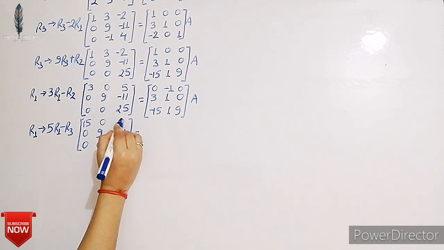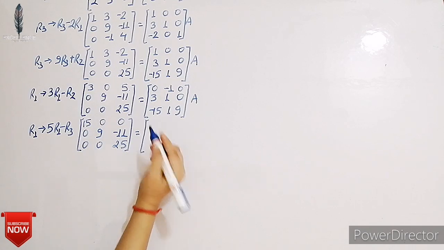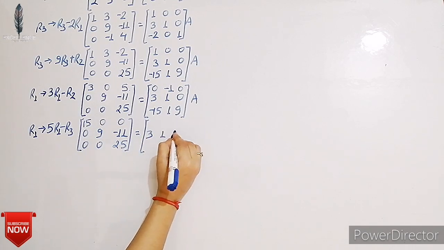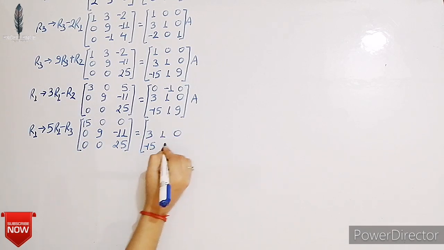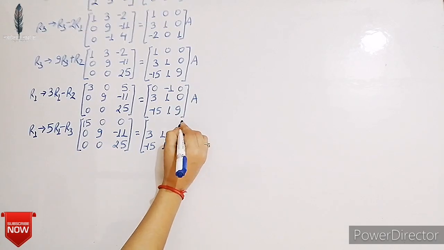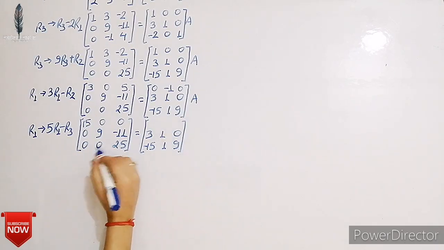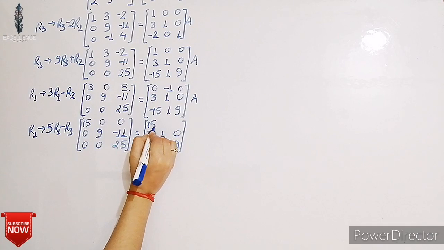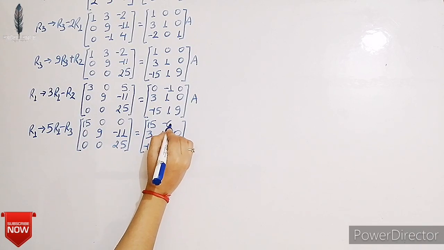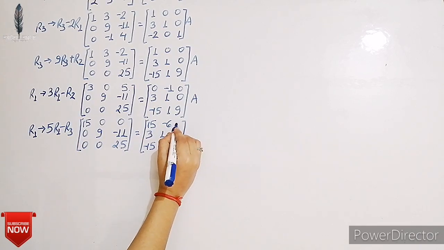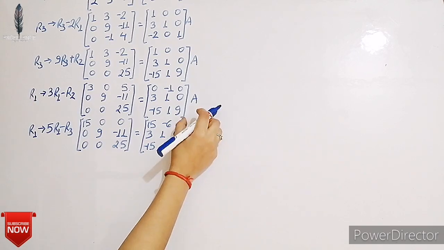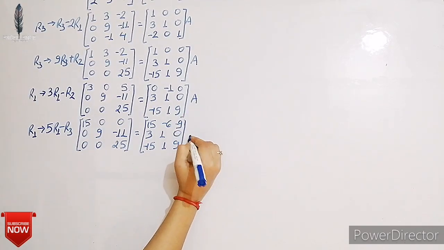Here 0, and here also 0, 25 minus 25. Same here, R2 and R3 are same, and R1 becomes, according to 5R1 minus R3, it's 15 minus 6, and here minus 9. A.